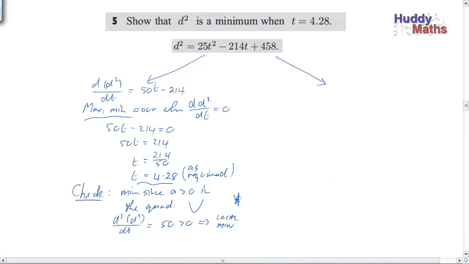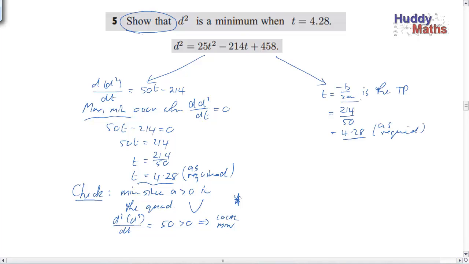What's another way of doing it? Well, we can't use technology because it says show that. So you can't just draw a graph and take it from there. You could use quadratic theory. t equals negative b over 2a is the turning point of any quadratic, and that equals 214 over 50, which equals 4.28 as required.